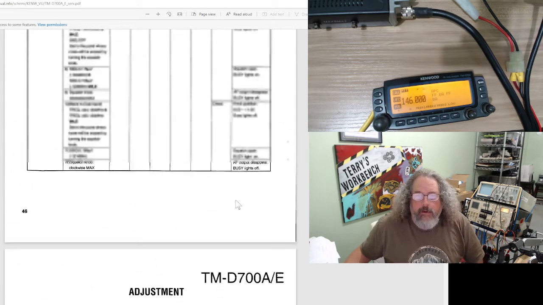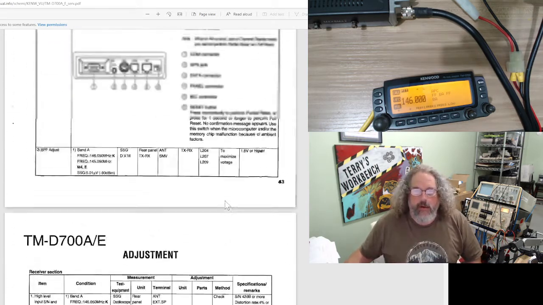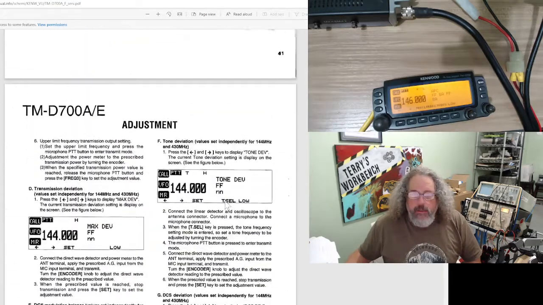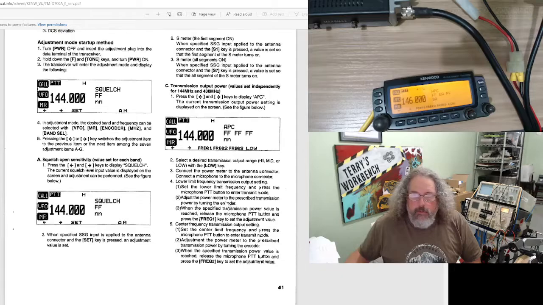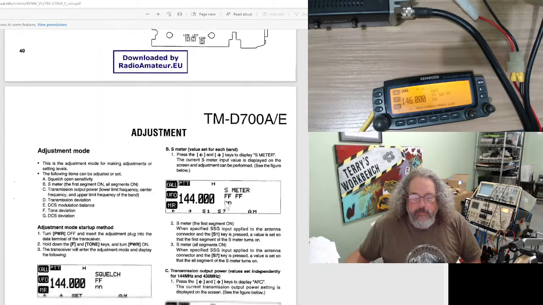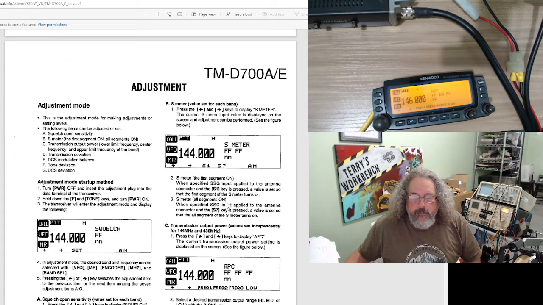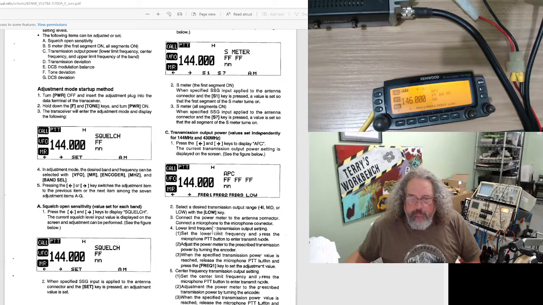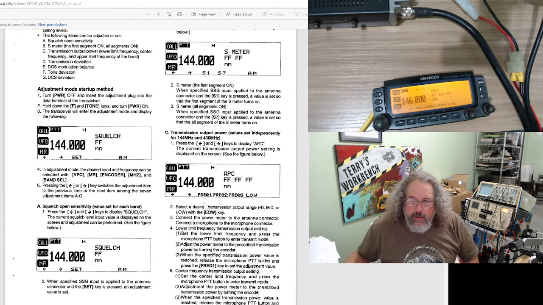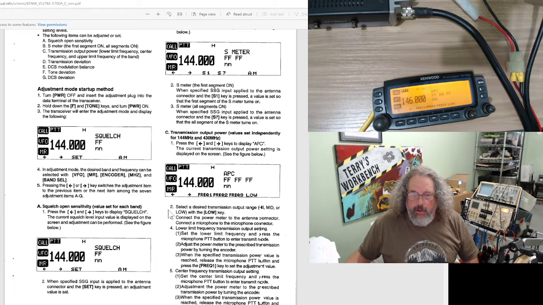I want to go back up here and reread what it says in the narrative. I think that may have better information. Transmitter power output, select APC. Select the desired transmission output range, high, mid, or low.